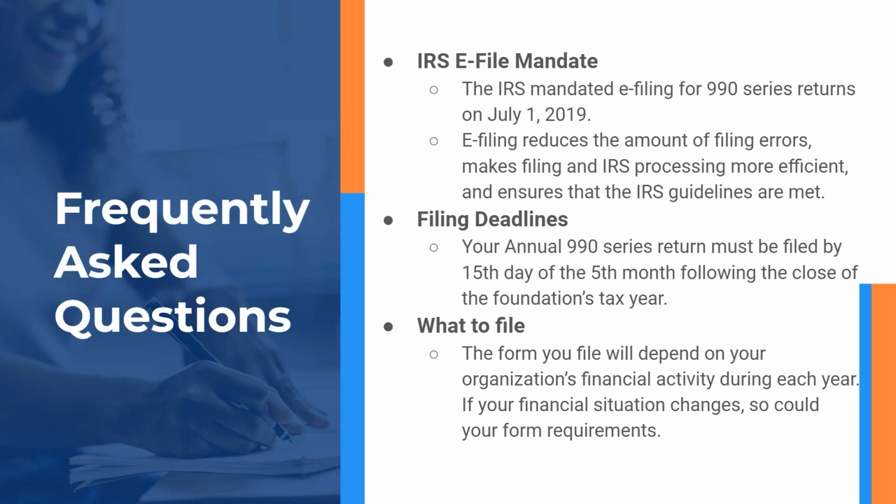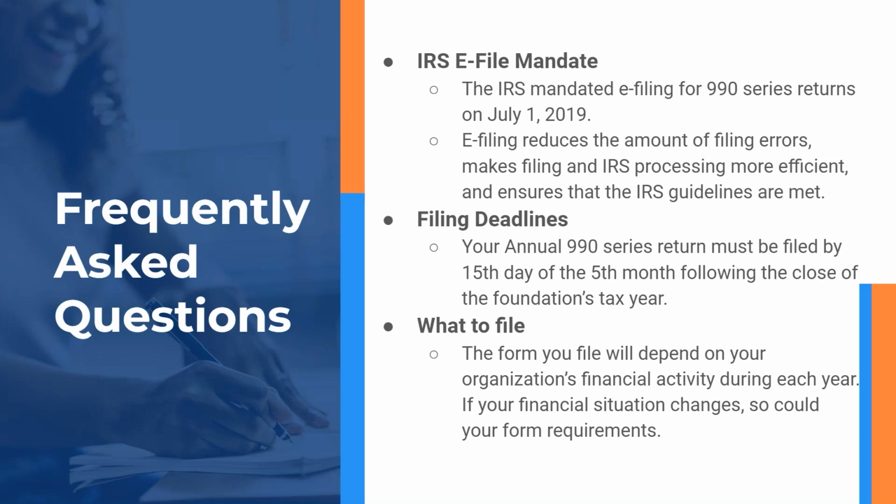And the IRS honestly is going towards e-filing for most forms. So it is something that's just coming down the pipeline for all of the forms that are filed with the IRS. But it's a good thing. Essentially, it reduces the amount of filing errors, things like our internal audit check and confirmation of schedules.